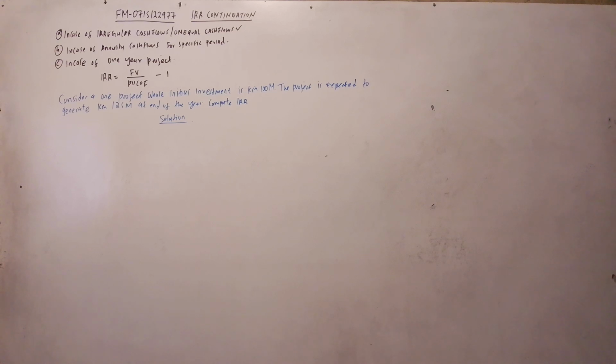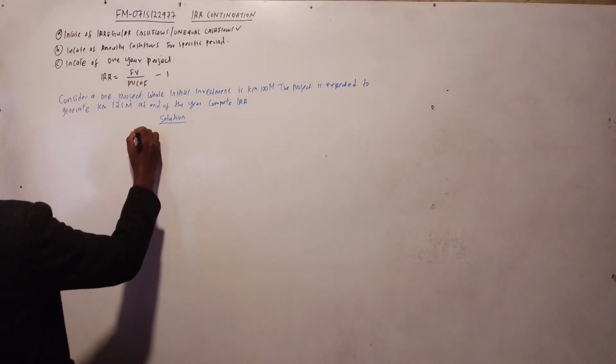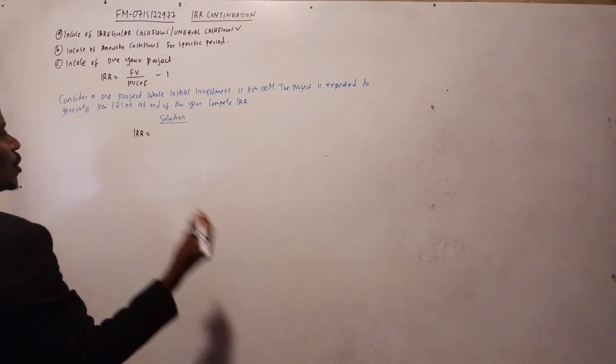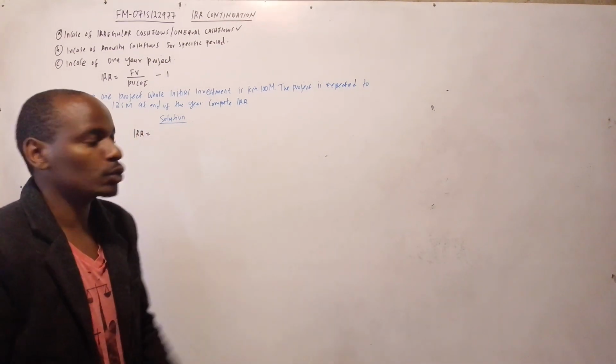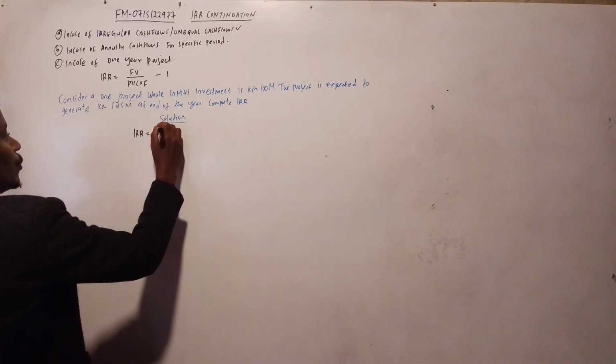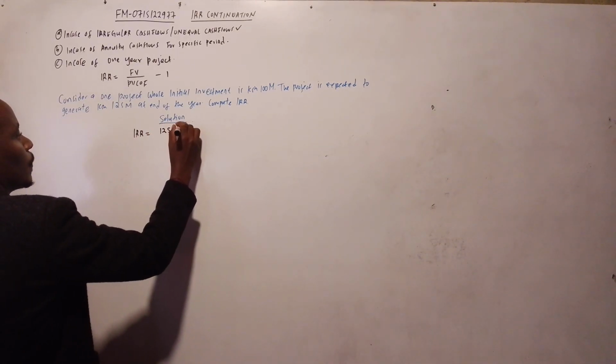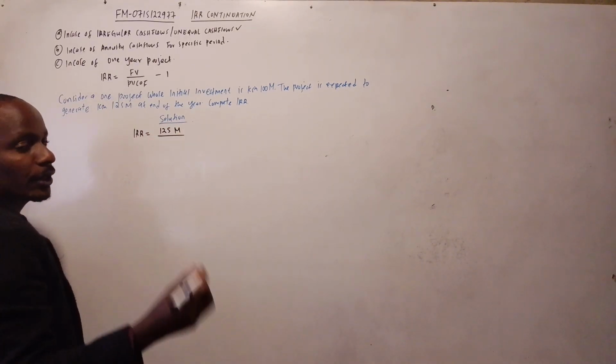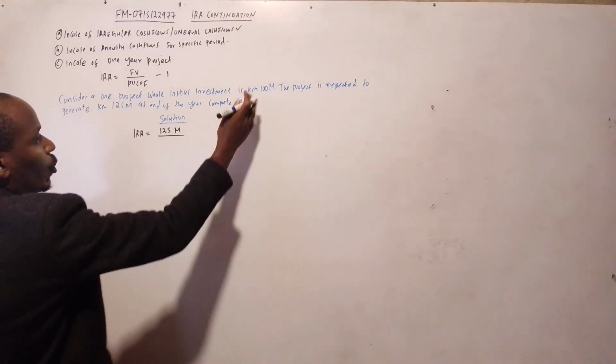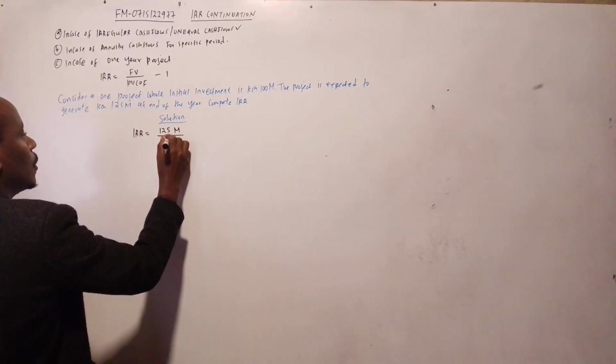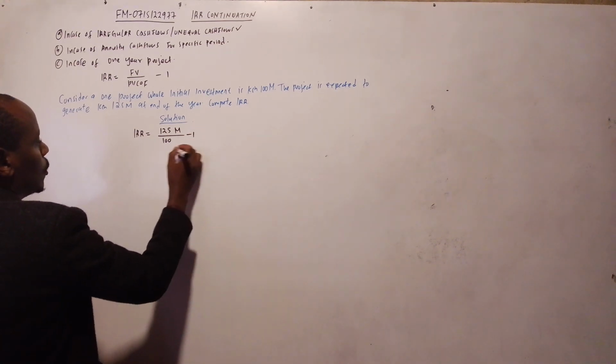So IRR will be equal to, so IRR. Now future value is what we expect in the future. So we expect to receive 125 million over the present value cash outflow, which is the cost of investment, which is 100, minus 1. So that will give us the IRR.